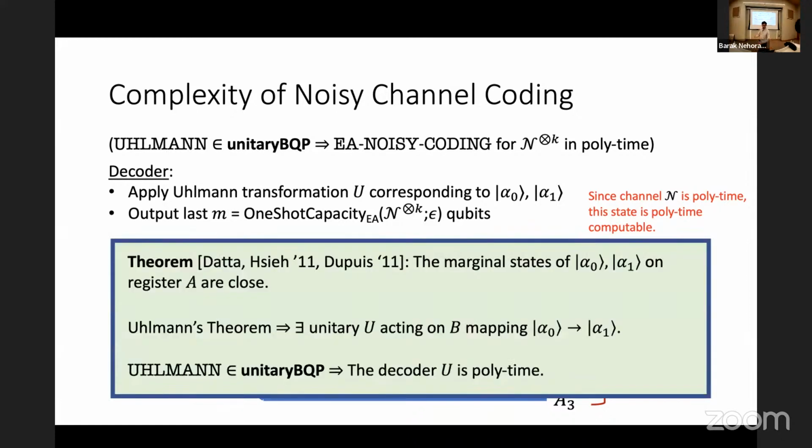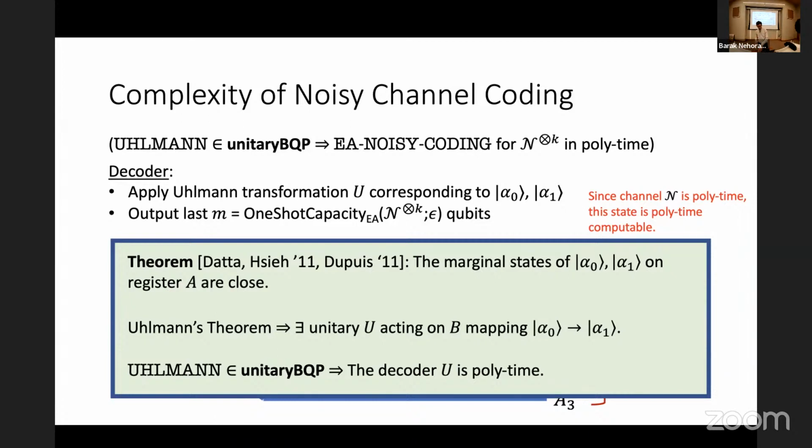That's quantified by this theorem. It says that the marginal states of alpha 0, alpha 1 are the same on system A. So you can apply Uhlmann's theorem: there's a unitary U acting on the complement, mapping alpha 0 to alpha 1. And this unitary actually is a good decoder. And since we're assuming that Uhlmann is in unitary BQP, this means the encoding and decoding procedures are efficient.